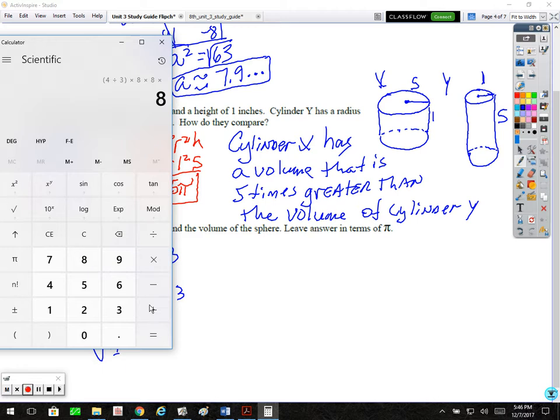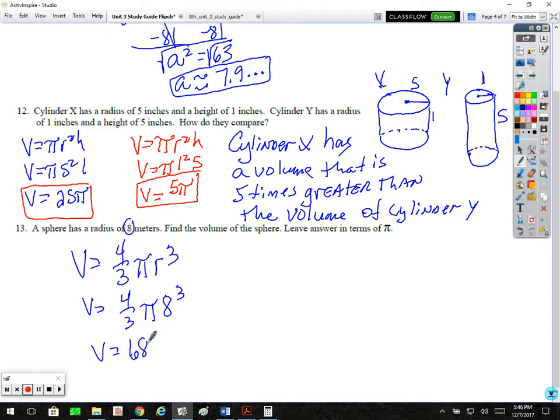For me, I have to do it this way. It gives me 682.6, which I would round up to 682.7. Since it said leave my answer in terms of pi, that's why we didn't put pi in our calculator. So there's my answer. By the way, it should be meters to the third power, or cubic meters, however you want to say it.